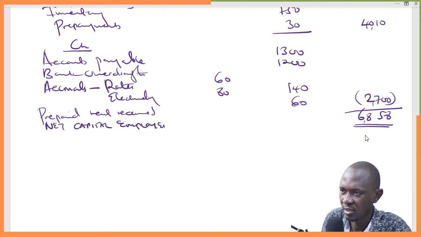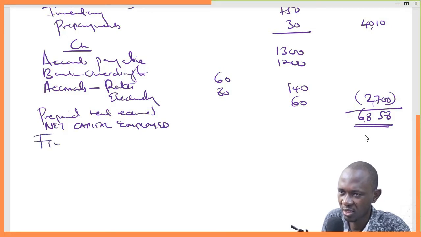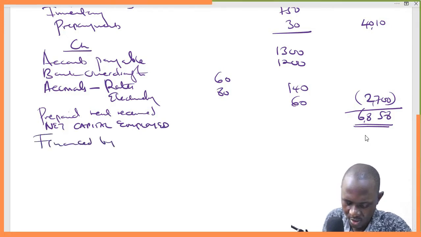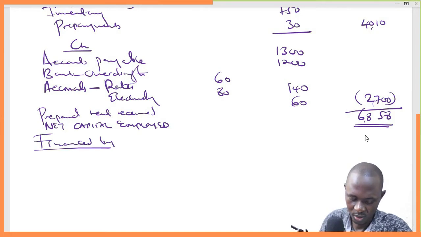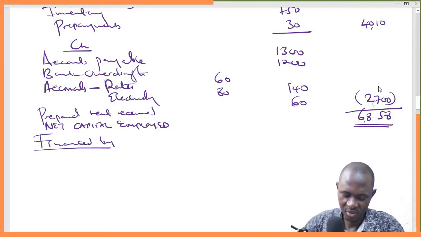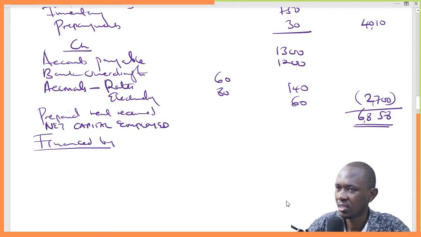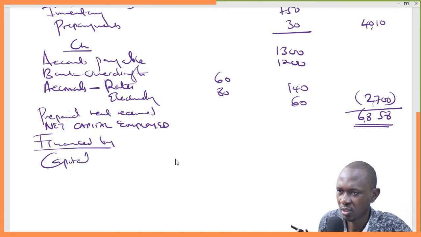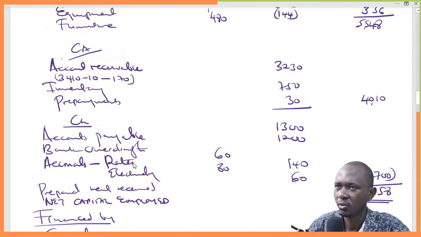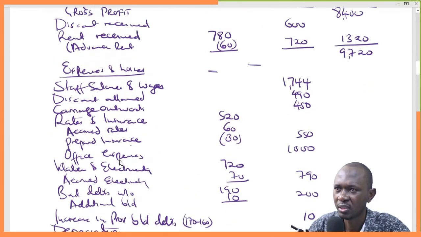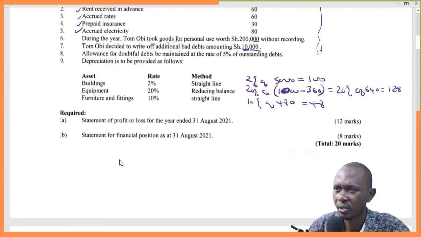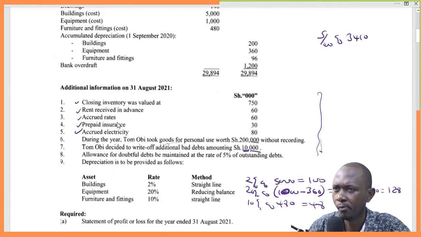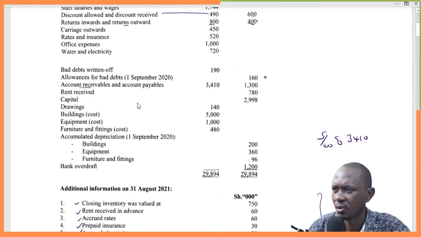So let's see if the other side, the financed by section, will balance with that figure. Let's see if it will agree to that figure. This is 6858. In the financed by section, we have capital, which from our question looks like we are not going to have any workings on it. I saw capital here.